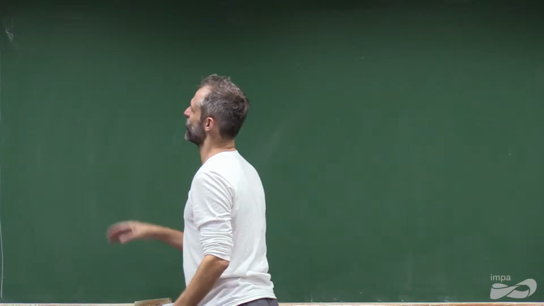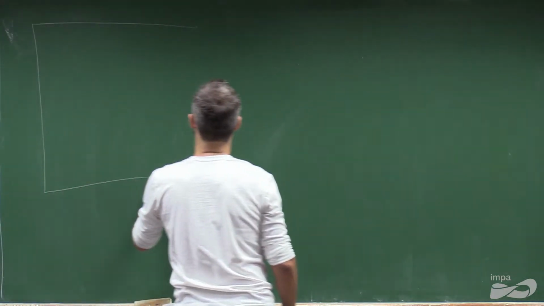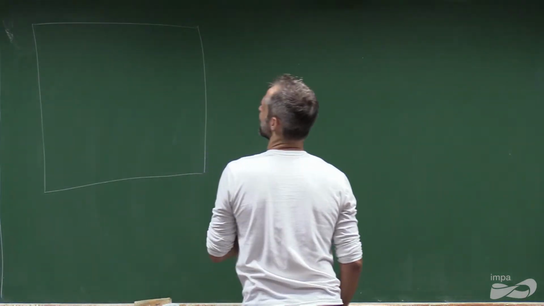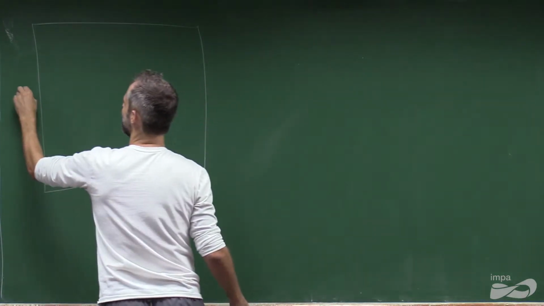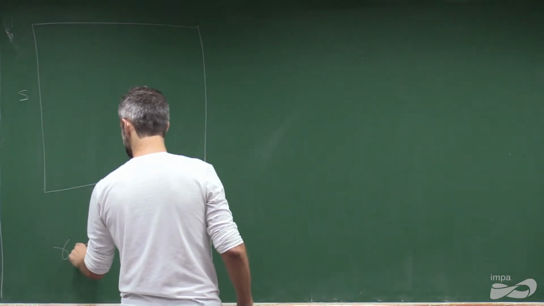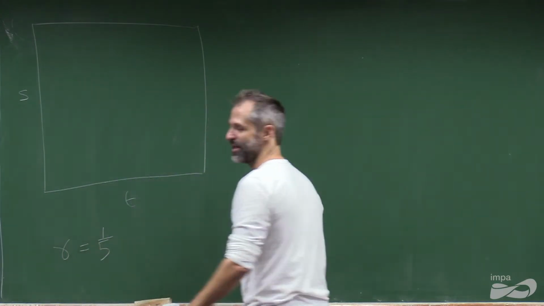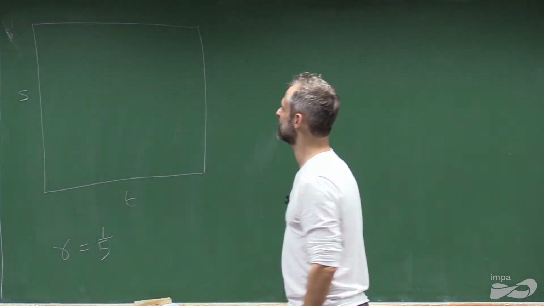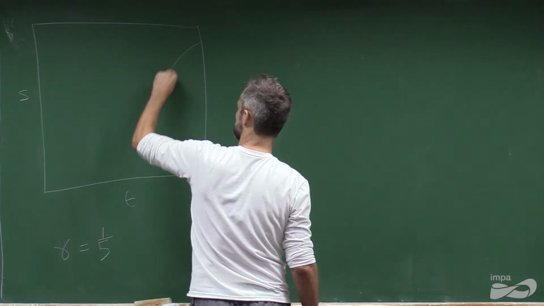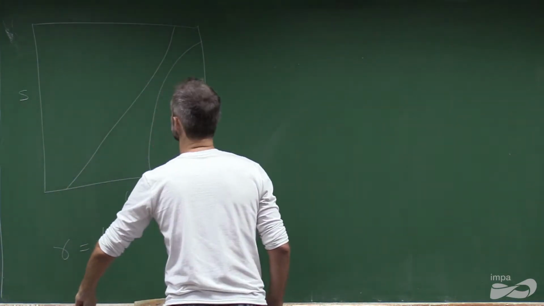At this point we hadn't proved anything. So again I'll draw this t, and this s. Now if, say, gamma is a fifth or something a bit smaller, then you draw the same picture, and you end up with two sets that happily don't intersect.